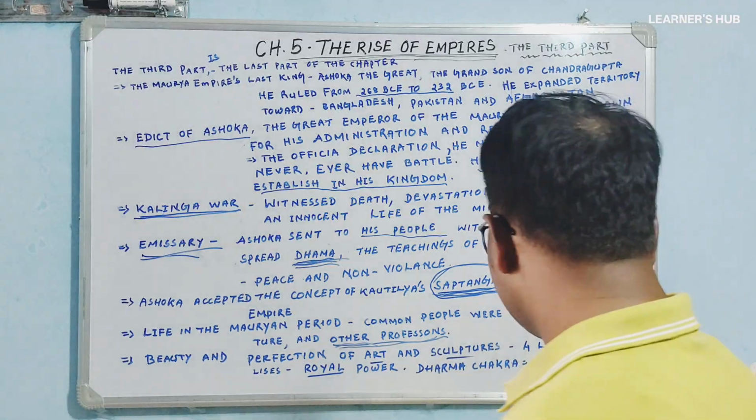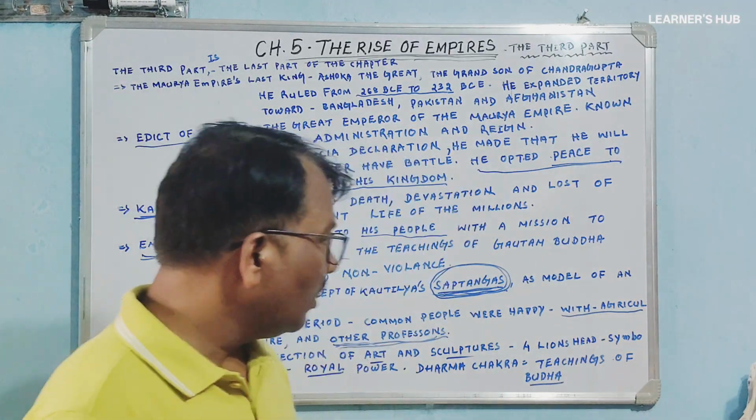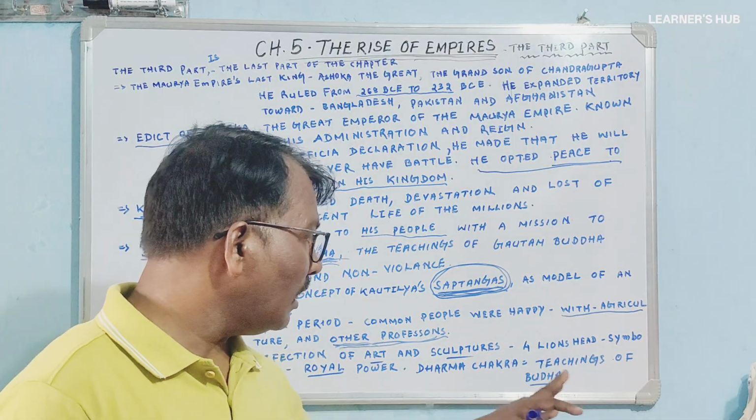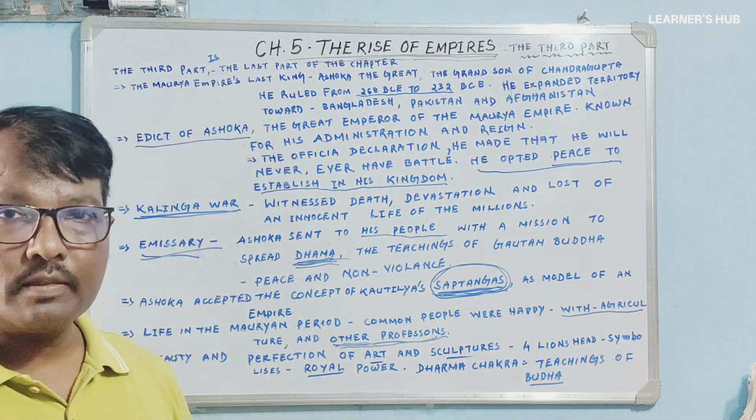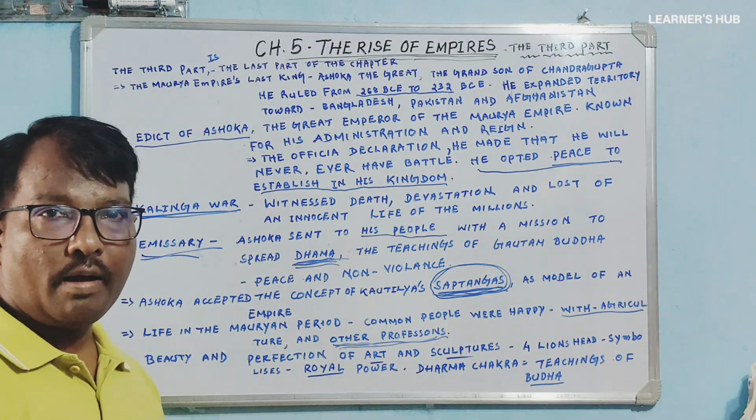We also need to keep in mind, it's competitive, the four lion head. What does this four lion head sculpture symbolize? This four lion head symbolizes the royal power.